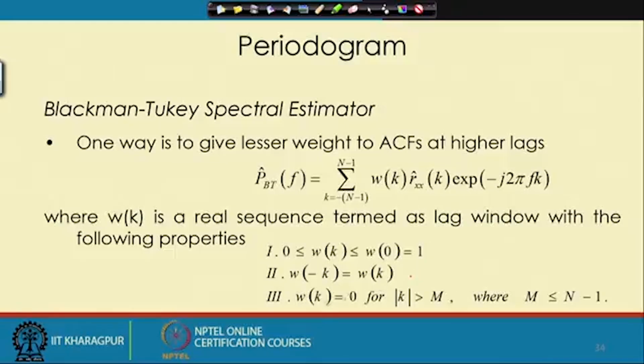Okay. The third thing is that it should go to 0 beyond some m. What should be the value of m? M should be less than n minus 1. That means, we could compute the autocorrelation actually up to n minus 1 lag, but we know when we go near to n minus 1, the number of terms to average would be very less.